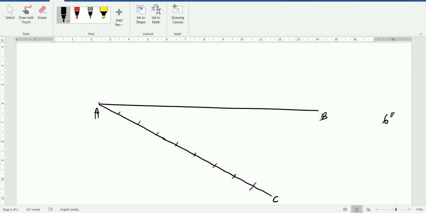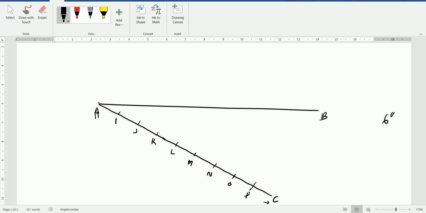So in this way we have marked 8 points. And what to do? These points we may mark as I, J, K, L, M, N, O, P, and the last one is C.